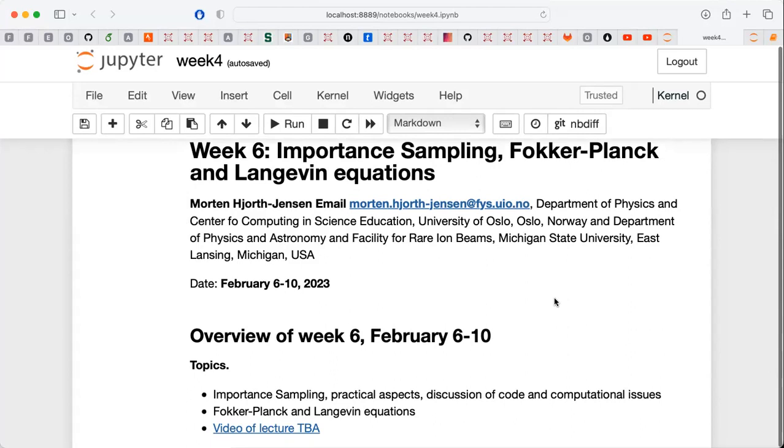And we're going to look at some practical aspects, but there are also several technicalities which I wanted to remind you of. And then finally, there is a link to equations from transport theory, which we will cover in a more hasty way. And these are the so-called Fokker-Planck and Langevin equations.